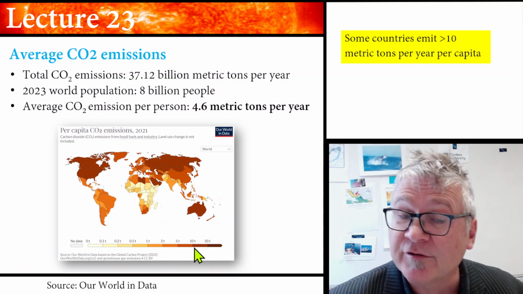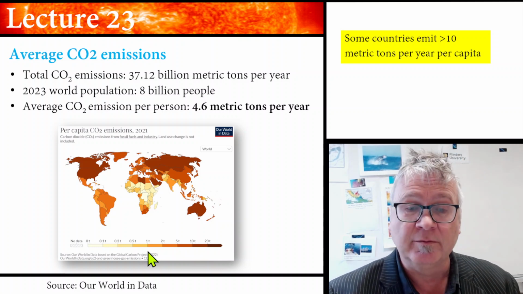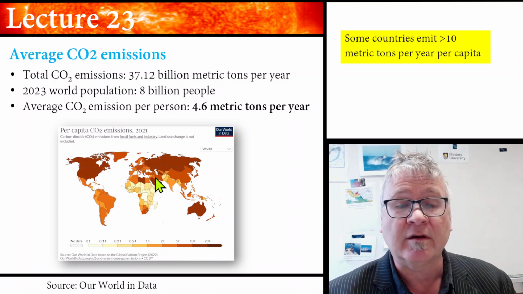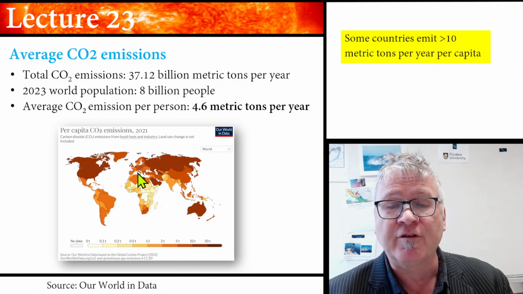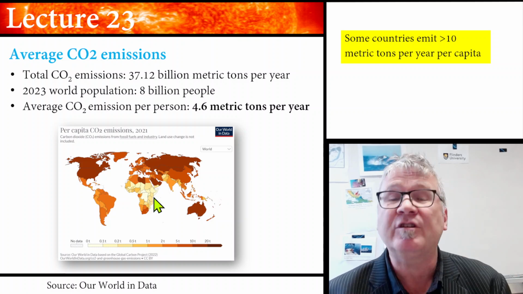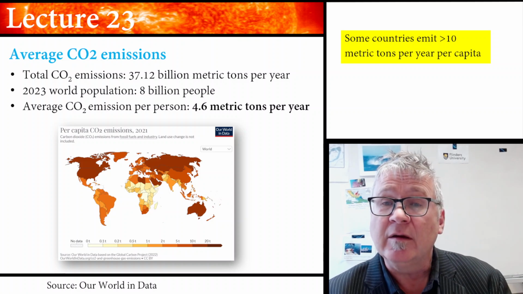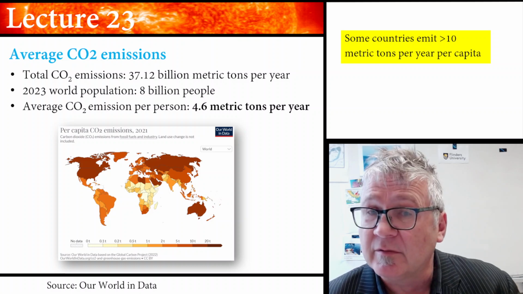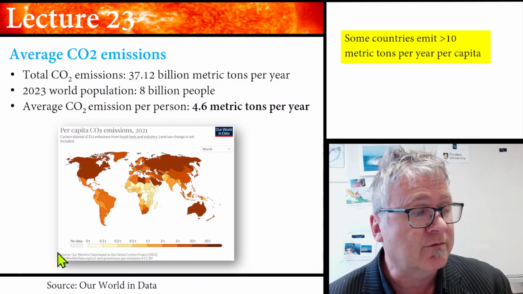Again, you have other countries where you have less emission per person. You can see here in Africa there are many examples. So the average CO2 emissions varies. But the developed countries, they emit much more of the CO2.